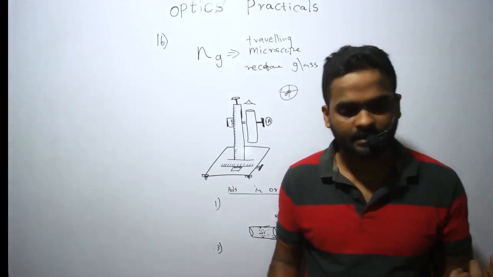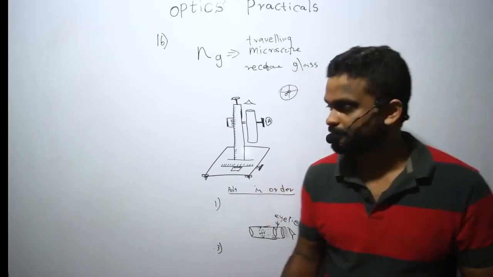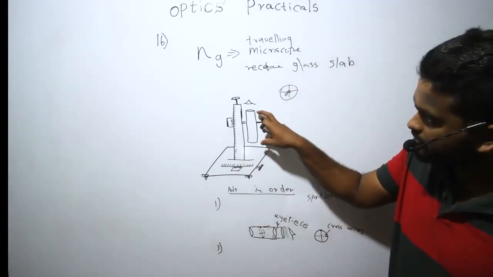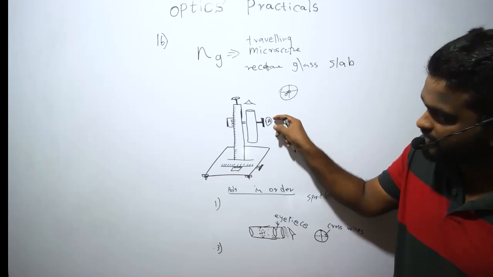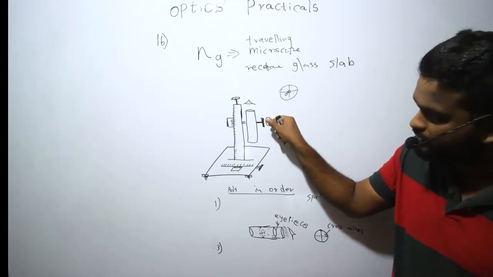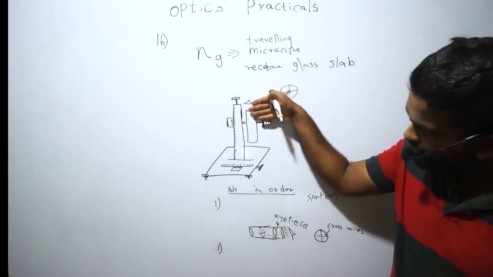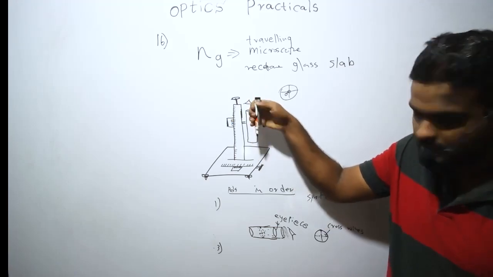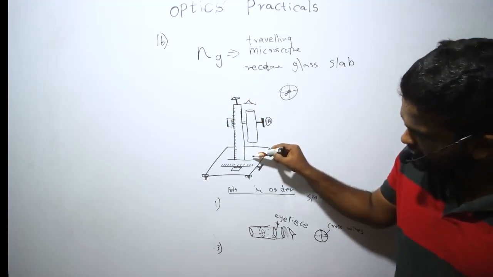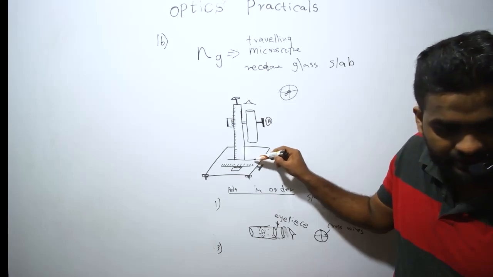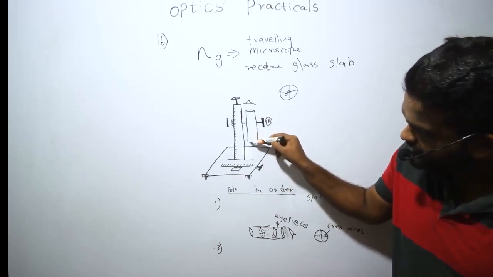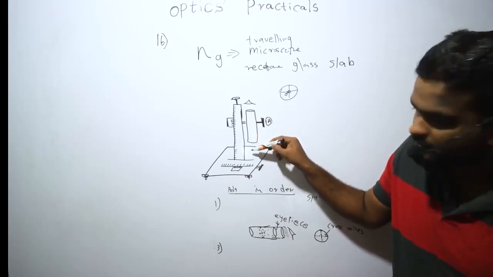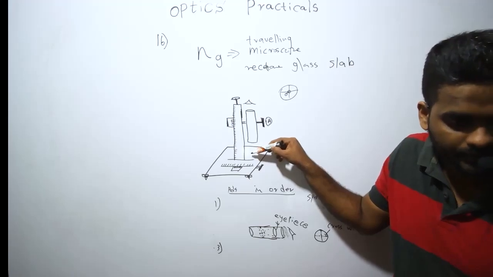So the next step is you just have to focus this microscope. You can do that by rotating this screw. When you rotate this, the whole microscope moves up or down, right? Depending on the distance, when you place the object here, you can change the distance to that object from the microscope and focus the microscope, right?